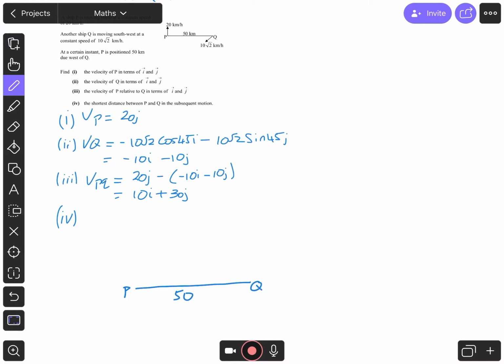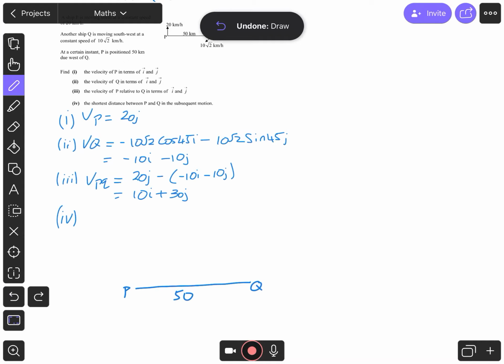The next line that we want to use is our VPQ line. So this is the velocity of P relative to Q. It's 10I and 30J, so we know it's going to be going in this direction some way because it's north and west. What I'm going to do is use my magnitude and direction to find at what angle and at what speed. When I use my magnitude and direction, I don't really need the magnitude, so I'll leave that off.